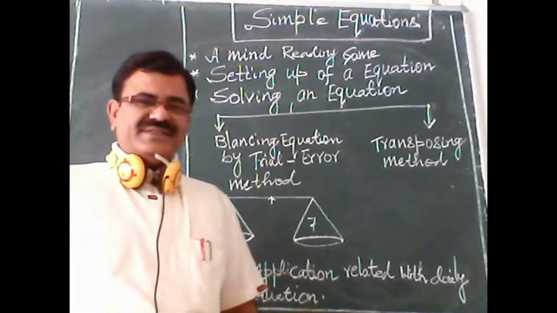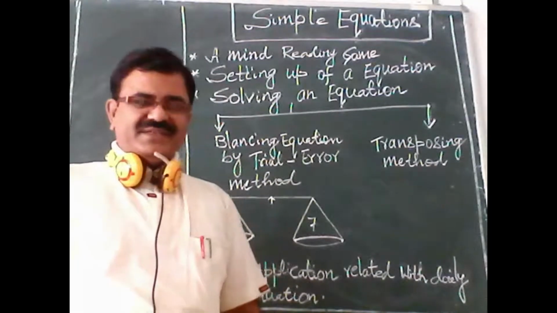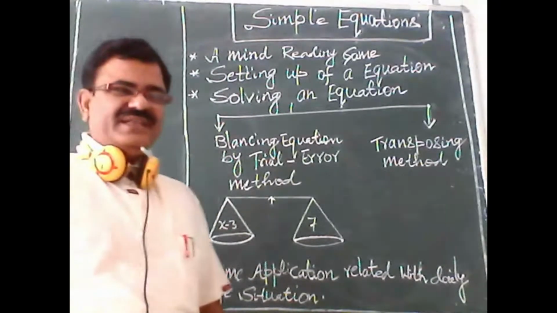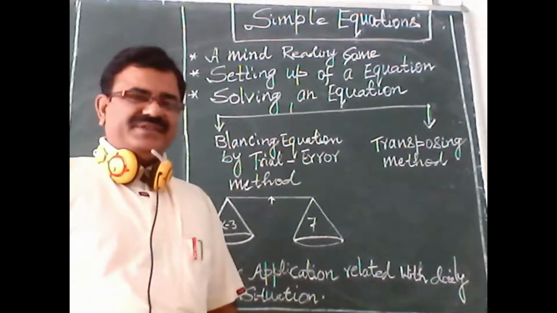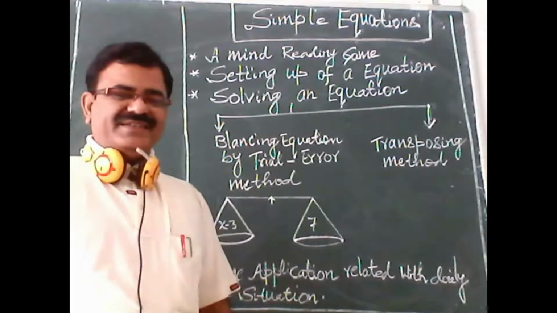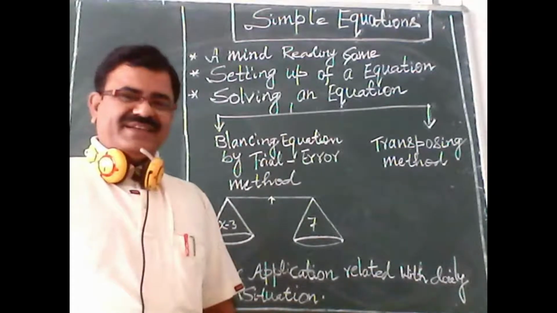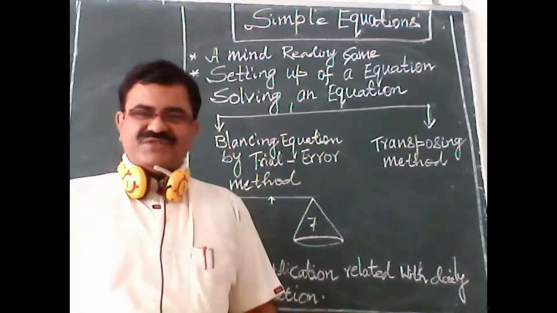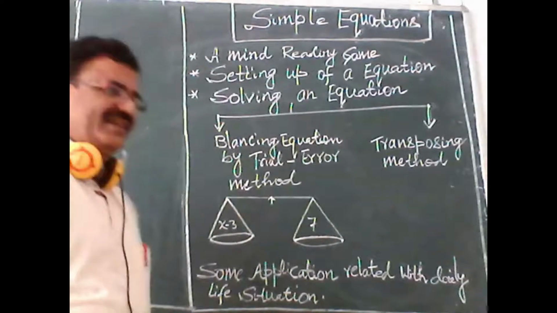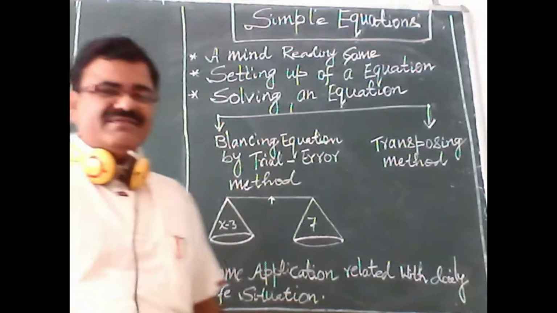What will be the result? Mohan said it is 14. Then Radhika said, I can tell what your number was, and she said your number was 3.